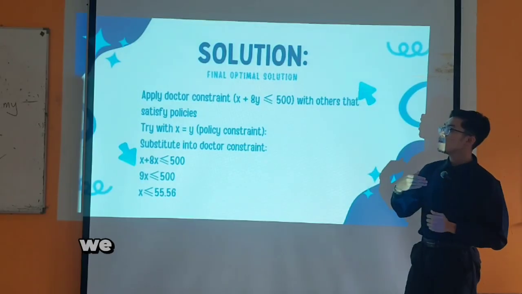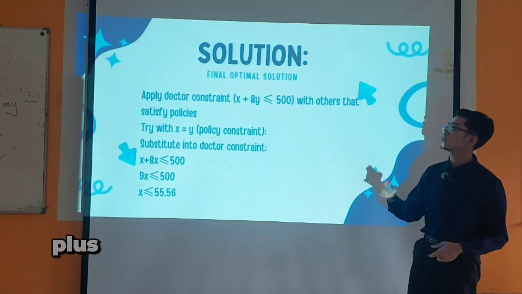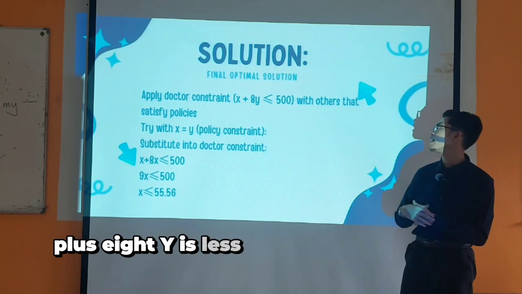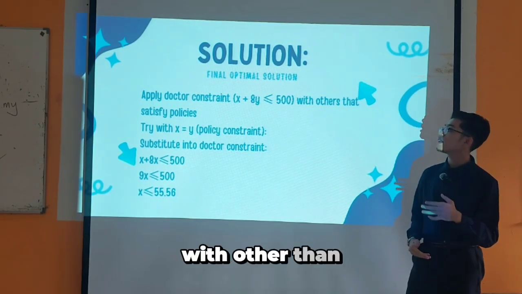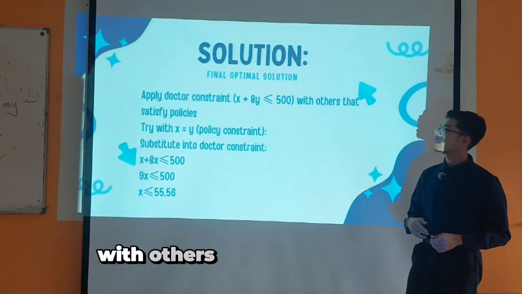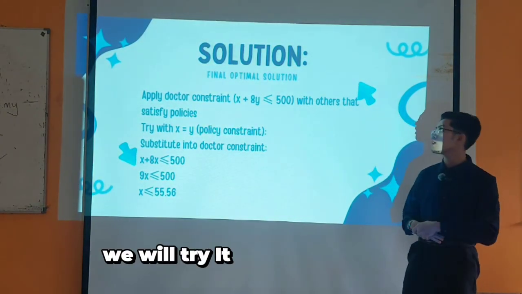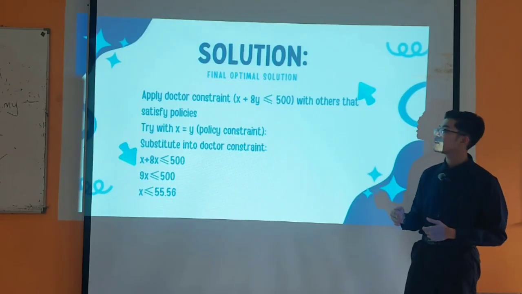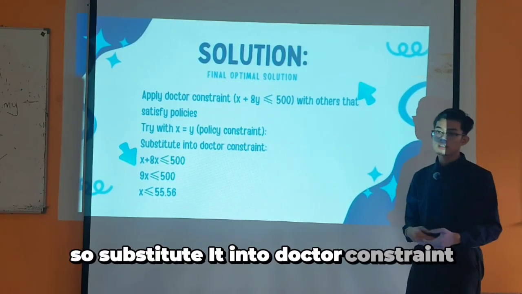Okay, we will apply the doctor constraint, which is x plus 8y is less than or equal to 500, with the other constraints that specify the policies. We will try it with x equals y. So we substitute it into the doctor constraint.